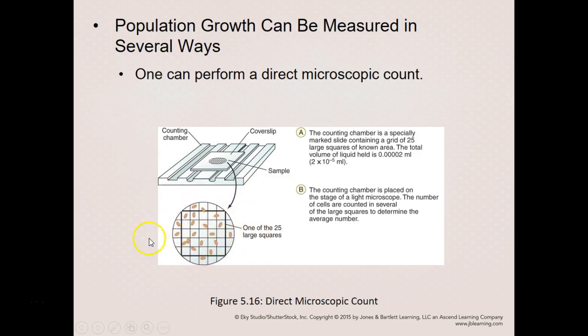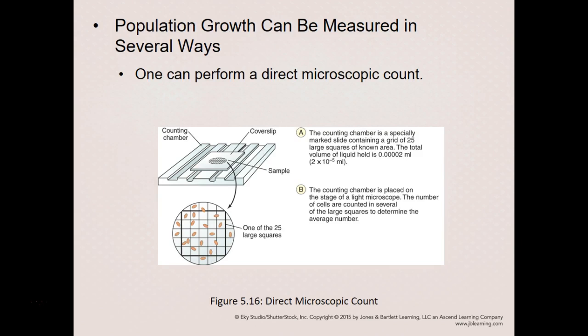So this is beneficial in that it allows us to identify the number of cells in the sample, and then we take that information and we can figure out, okay, that was in 1 milliliter of the water, and we diluted it to this amount. So the lake has, I don't know how much water's in the lake, but you could figure out approximately the amount of bacteria in the lake then.